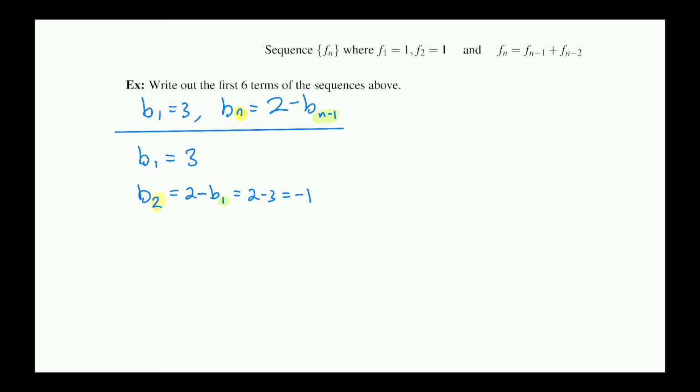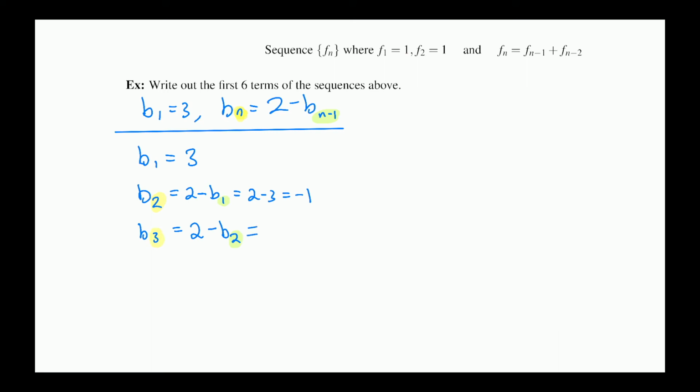So then you move on and you calculate B3. B3 is going to be 2 minus, well, again, whatever the number is here, this number is 1 less. So that's a 2 when we're calculating B3.